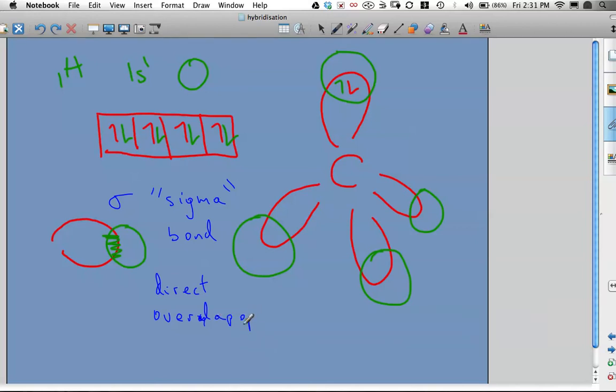Overlap of atomic orbitals to give you a new molecular orbital called a sigma bond, which is a type of molecular orbital, we would call it. And this sigma bond is our old-fashioned covalent bond.